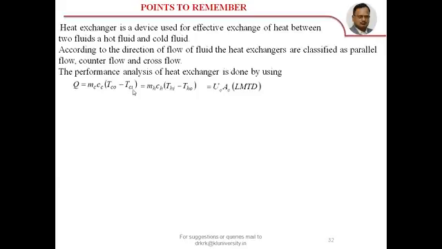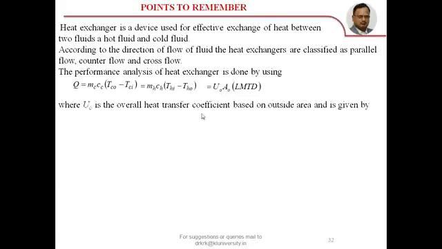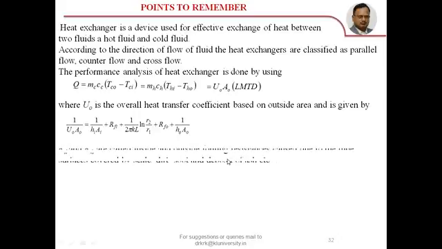Q equal to MCCC into TCO minus TCI, which is equal to MHCH into THI minus THO, which is also equal to UA LMTD, where U0 is the overall heat transfer coefficient based on outside area A0. To determine this U0 we have to use the equation R total is equal to 1 by U0 A0 equal to 1 by HI AI plus fouling resistance inside plus conduction wall resistance of the pipe material plus fouling resistance outside plus 1 by H0 A0.